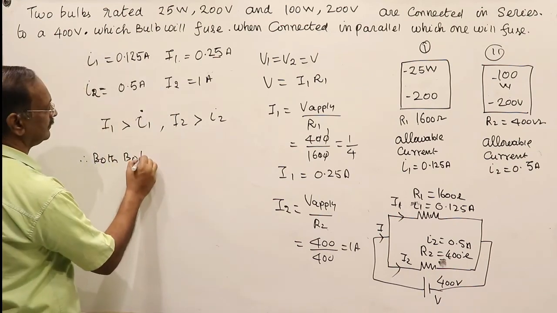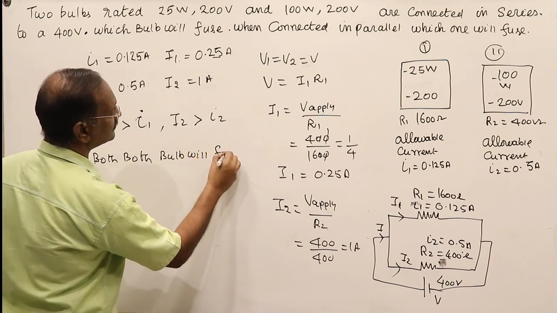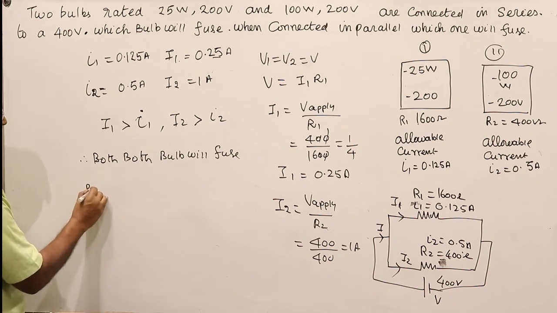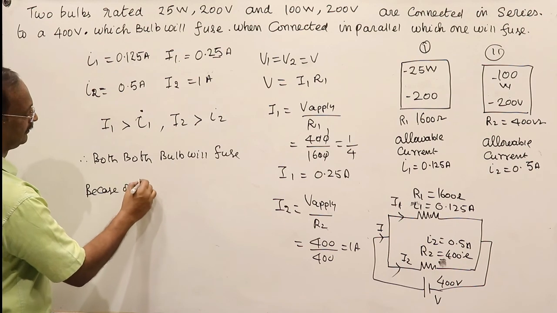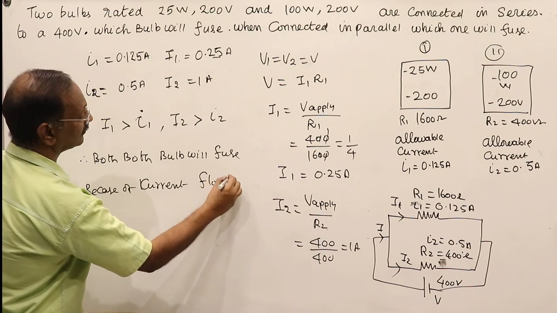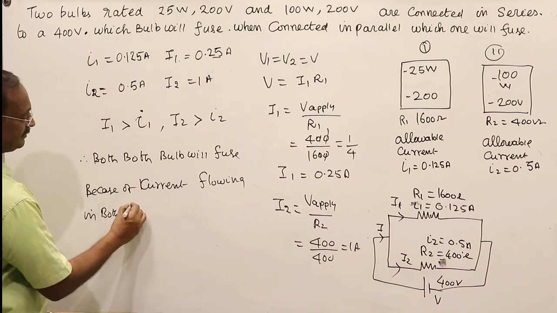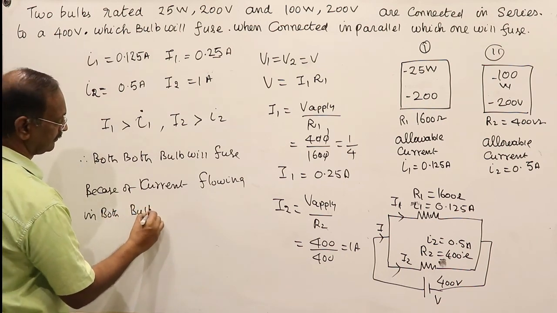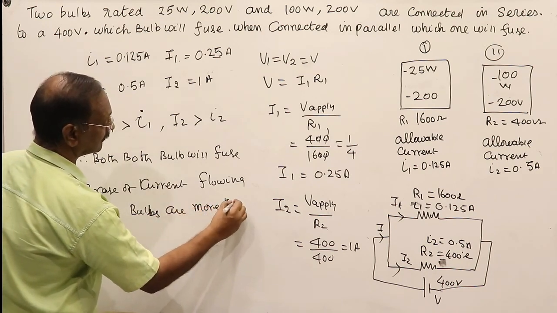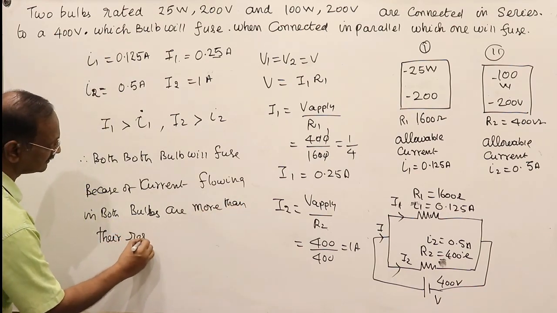Therefore, both bulbs will fuse, because the current flowing in both bulbs is more than their respective allowed current.